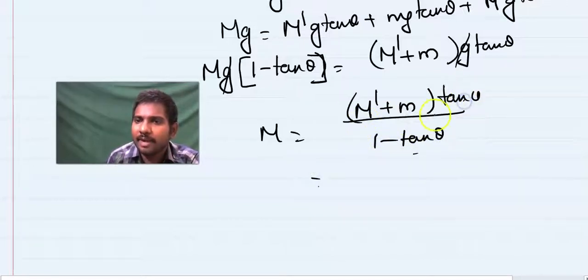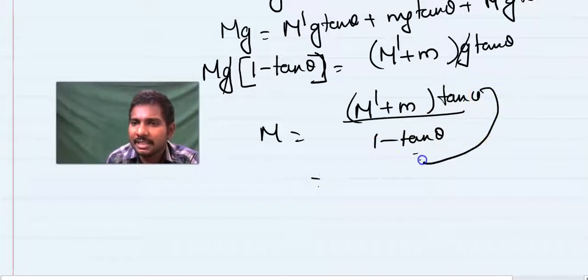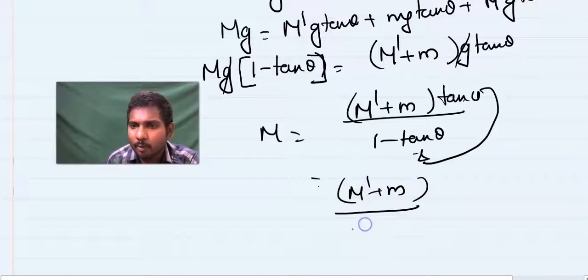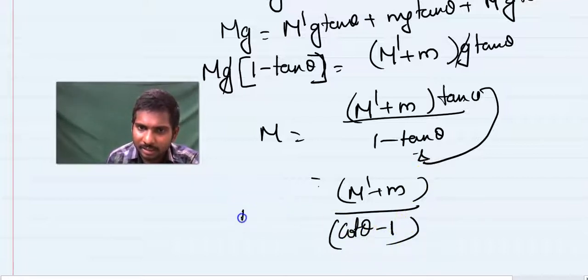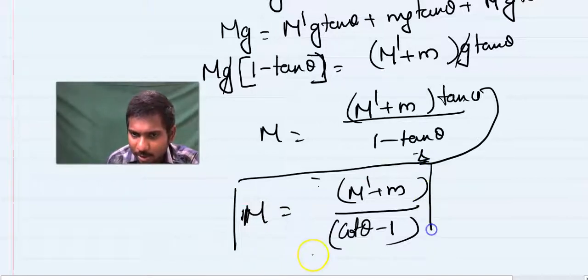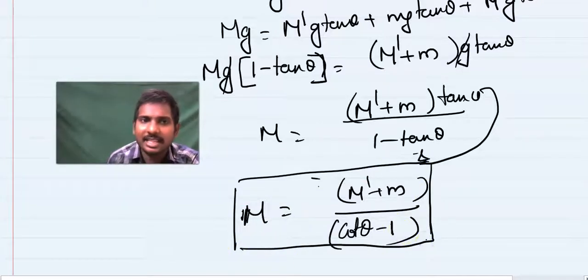If you bring this tan theta into the denominator, (m' + m) divided by (1 by tan theta, that is cot theta, minus tan theta by tan theta, that is 1). So this is the mass that is required, so that the small mass m will not slide over the wedge.